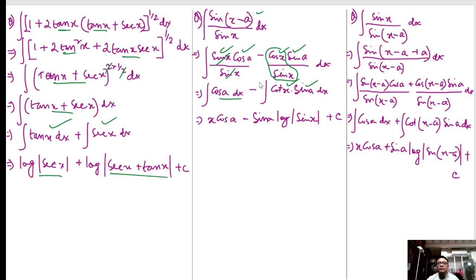Sine a is a constant, will go out. Cos a is a constant, will go out. So only integration of dx is x, and integration of cot x is log sine x plus c. Okay, so this is the answer of this sum.